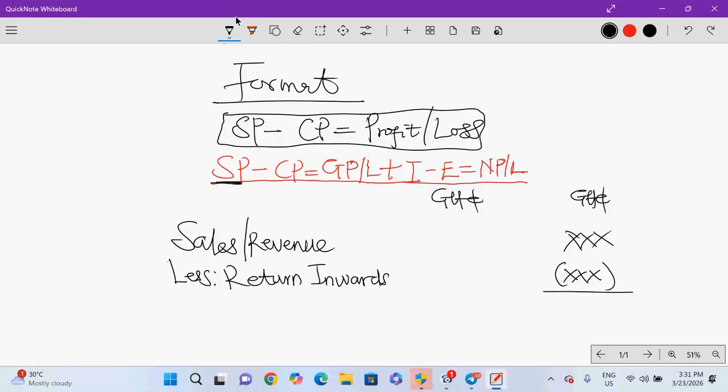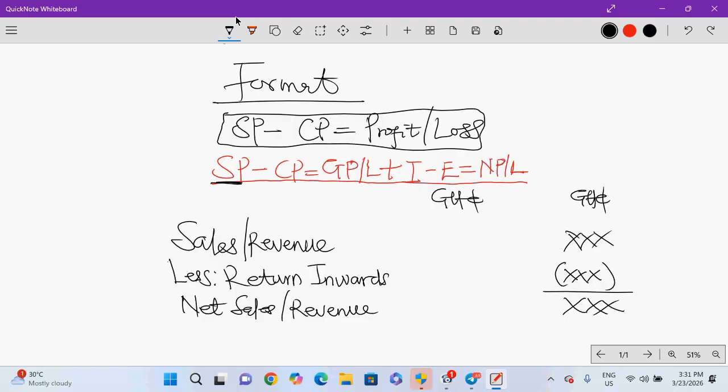So it will reduce. So once it reduces, whatever we are getting is our net sales or the net revenue. So net, I always say that the net is the actual. The net sales is the actual sales. The net revenue is the actual revenue, right?